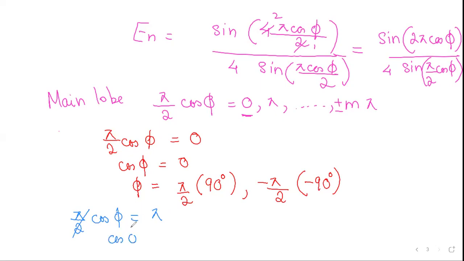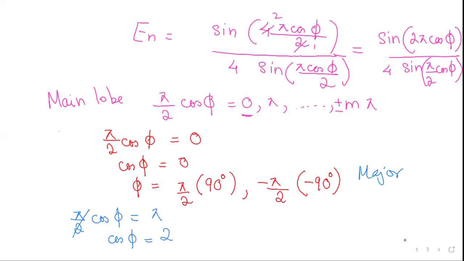So cos phi will become 2. Now phi becomes cos inverse of 2. This is not possible. So even if you now take 2 pi, 3 pi, 4 pi, it is of no use. So now we have declared that our major lobes are at only 90 and minus 90.